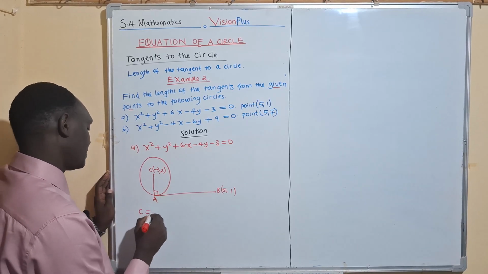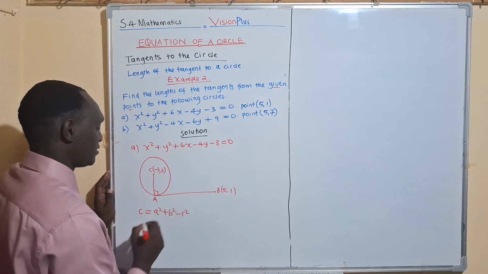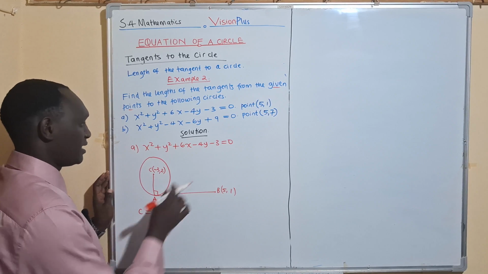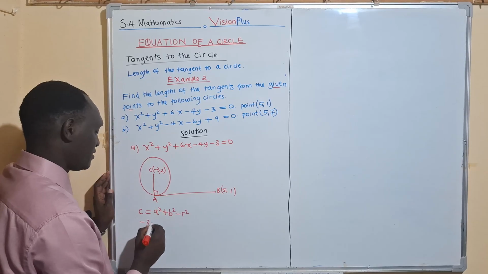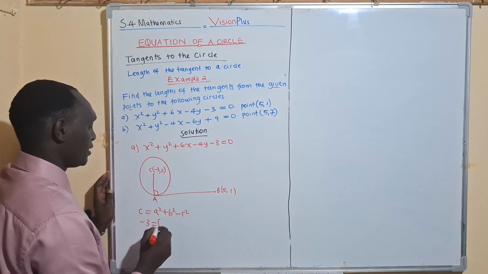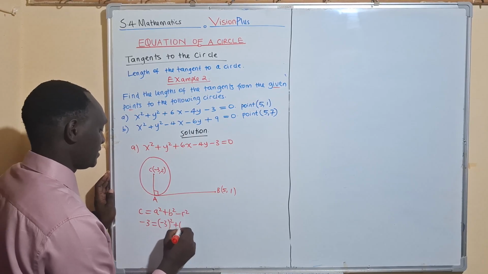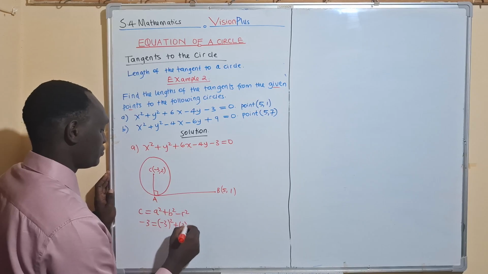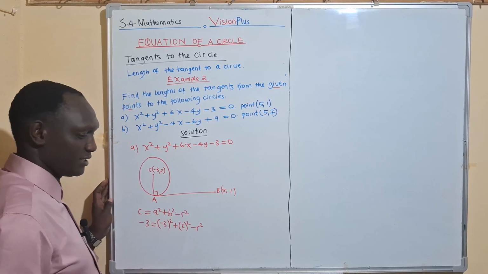Because we know that c is given by a squared plus b squared minus r squared. Where is c? c is this constant, -3. So -3 equals a squared, where a is -3, the coordinate of the center, plus b squared, where b is 2, minus r squared. That is what we did.